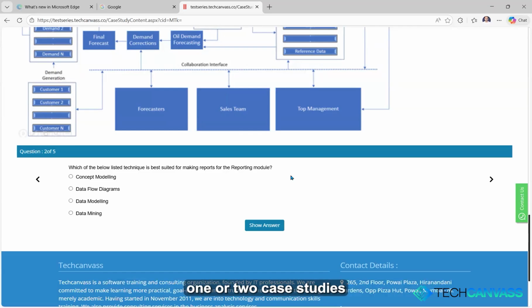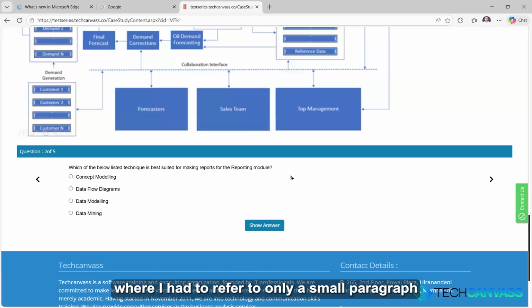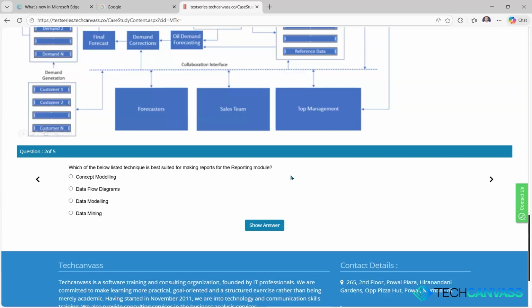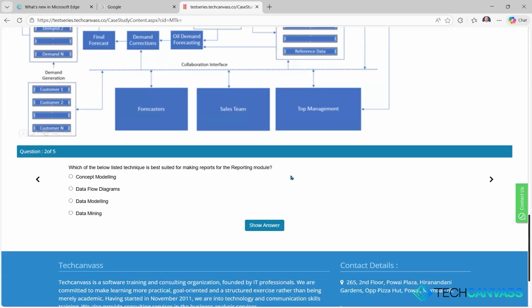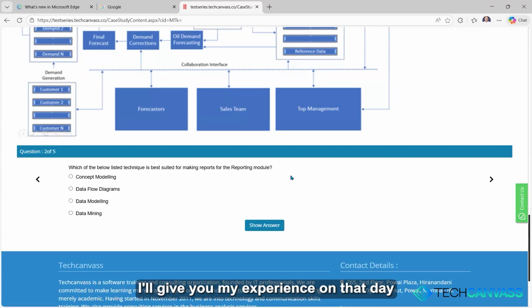There were only one or two case studies where I had to refer to a small paragraph just for a calculation. Otherwise, it was very straightforward. Maybe before we end the session, I'll give you my experience of that particular day.